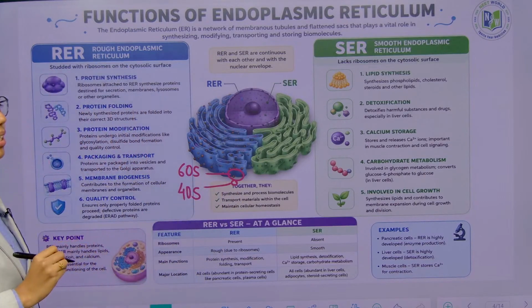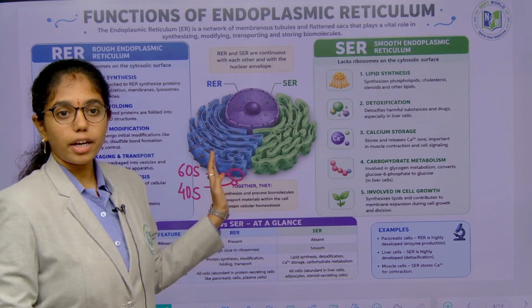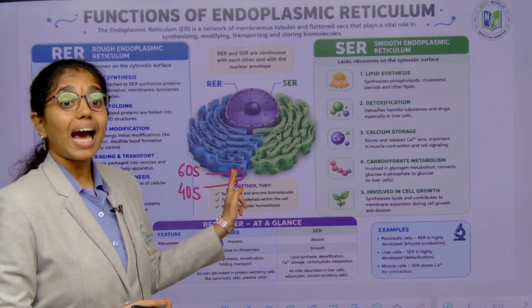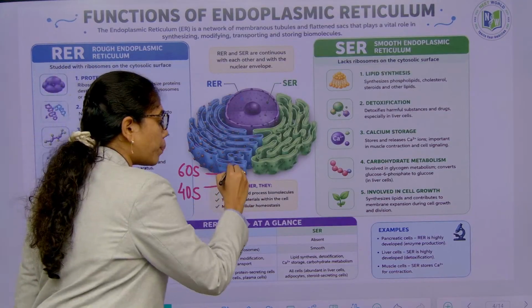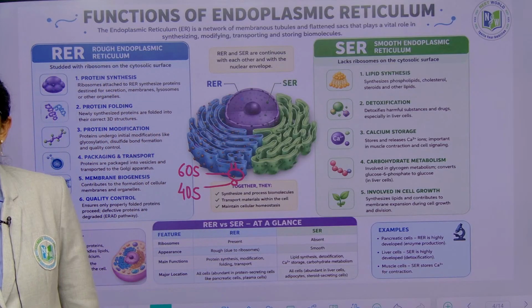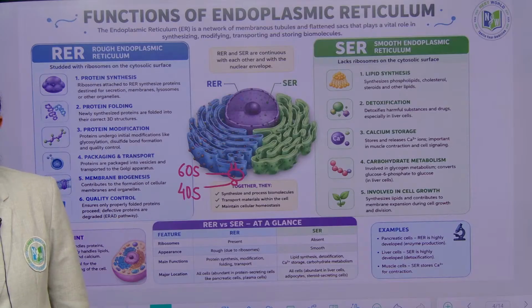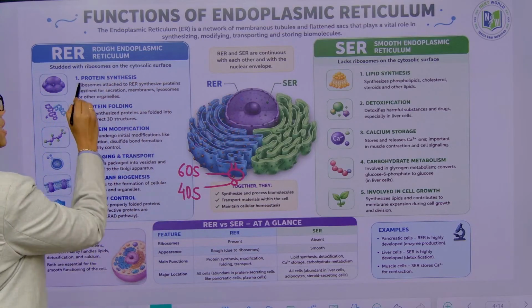Got it? Which subunit is attached to the layer of the endoplasmic reticulum? The larger subunit is attached to the endoplasmic reticulum, by what protein? Ribophorin protein. Clear till here? And the RER's pure function is what? Protein synthesis.